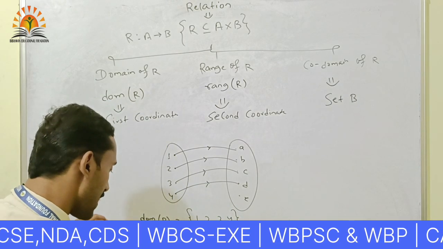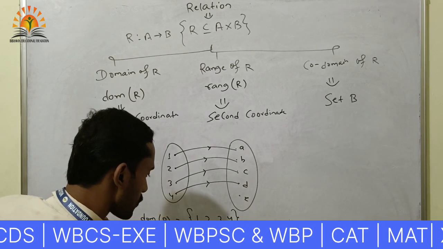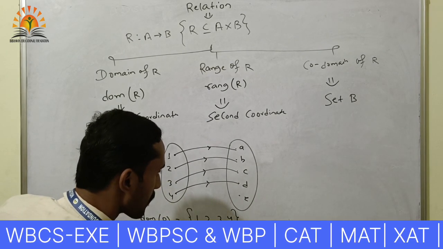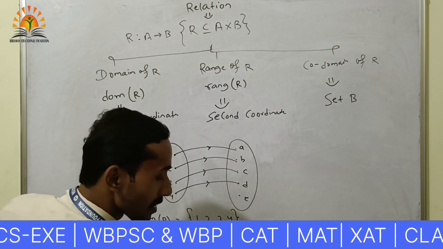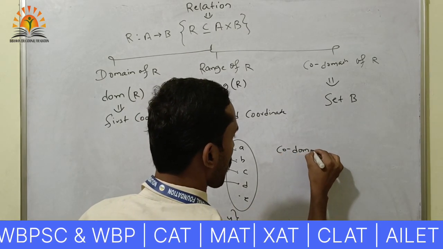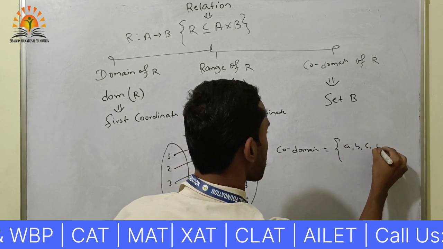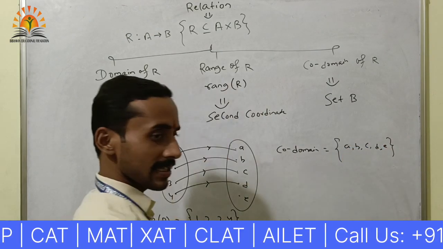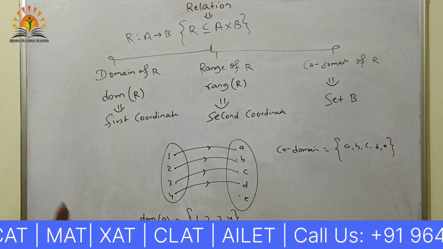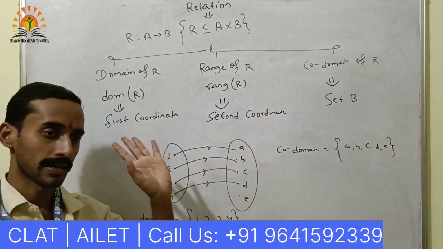The range is A, B, C, D. And the codomain is the whole set B, that is A, B, C, D, E, whether associated or not.